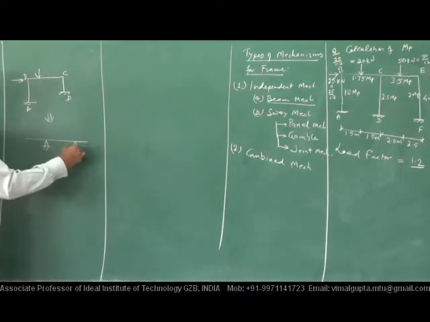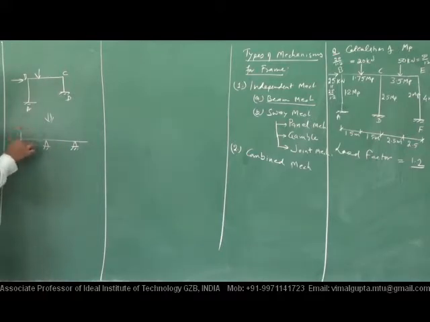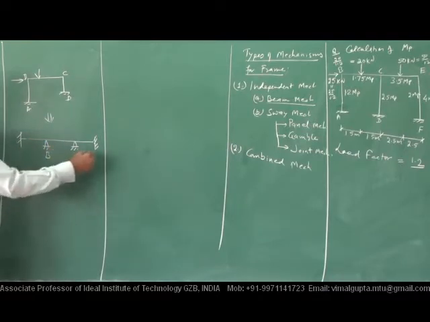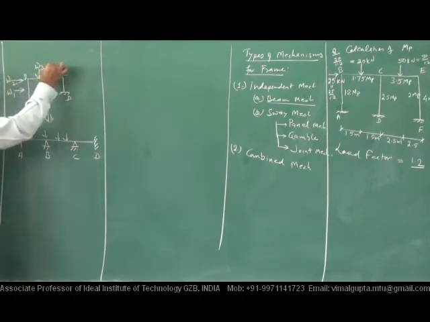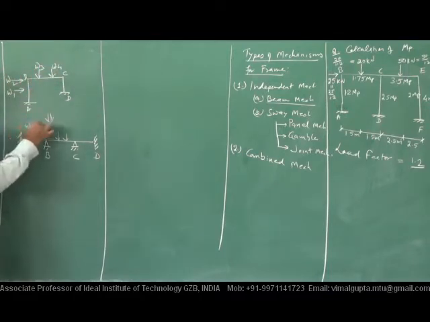If I make this figure, it is not exactly right, but for simplicity I have made it as A, B, C and D. The loads here are W1, W2, W3, W4.